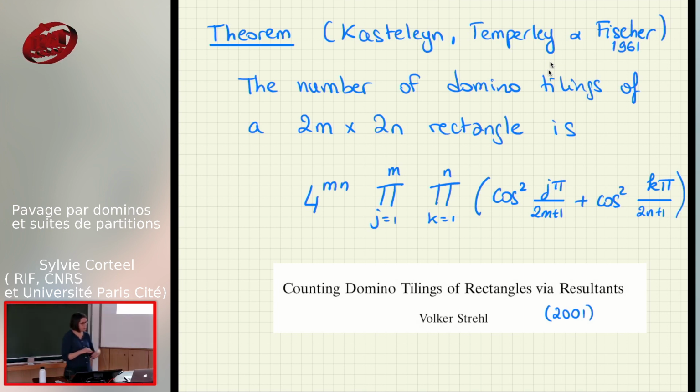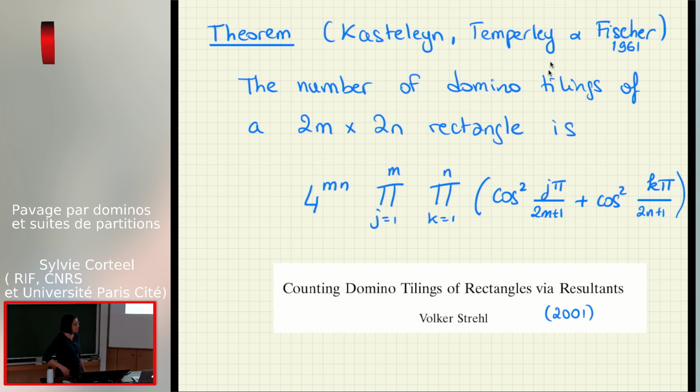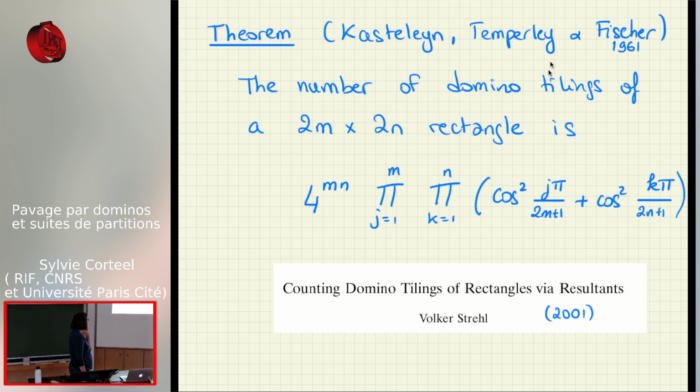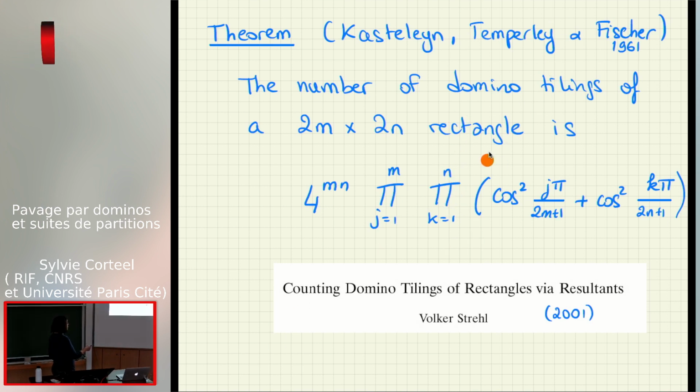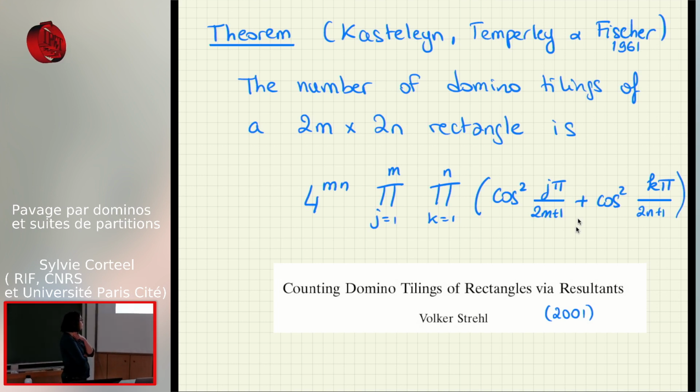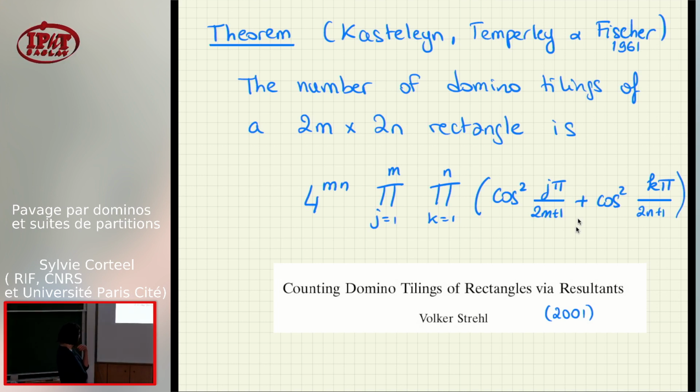Here is the result of Kasteleyn, Temperley, and Fisher: the number of domino tilings of a 2m by 2n rectangle is this formula, 4 to the mn, and then you have these two products, j from 1 to m and k from 1 to n, of the sum of cos squared j pi over 2m plus 1 plus cos squared k pi over 2n plus 1.